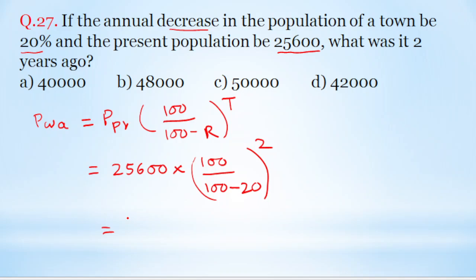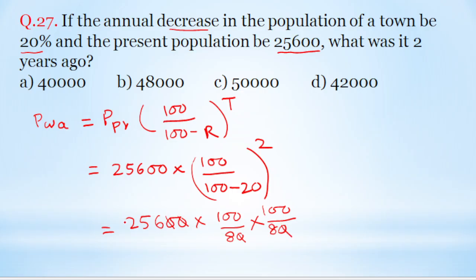So that is equal to 25,600 into 100 by 80 into 100 by 80. Here this 0 cancels this 0, again this 0 cancels this 0.